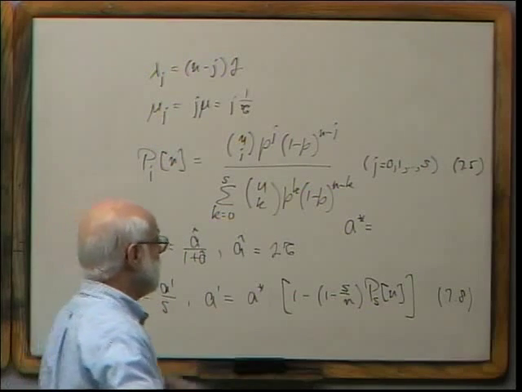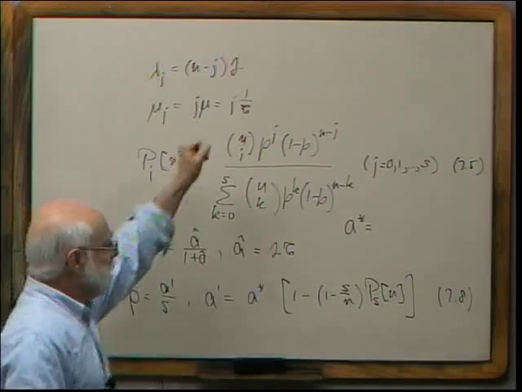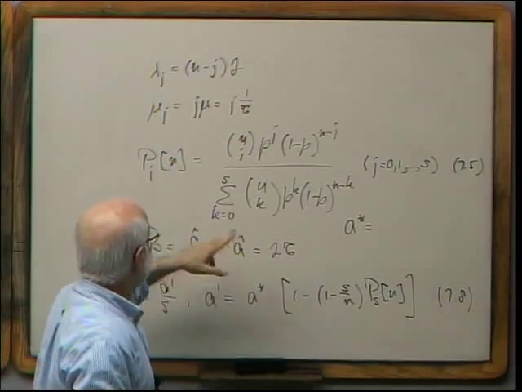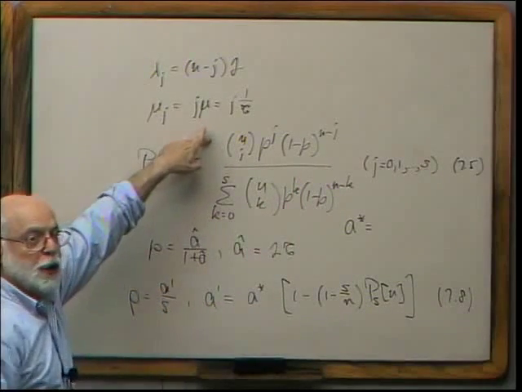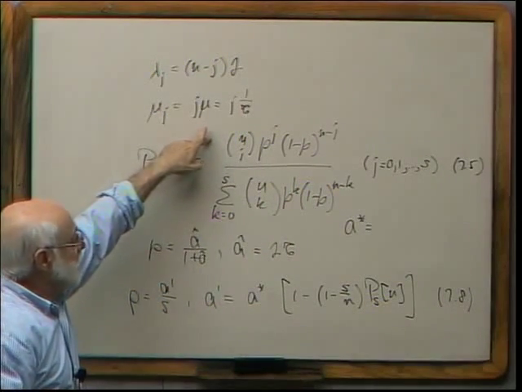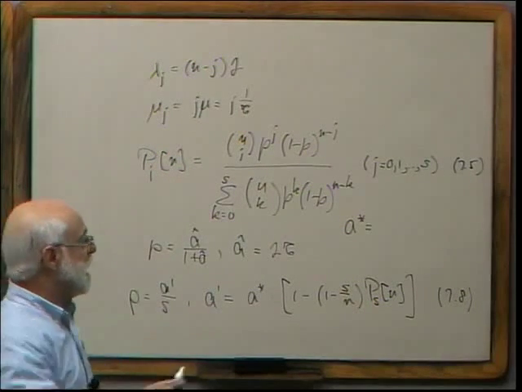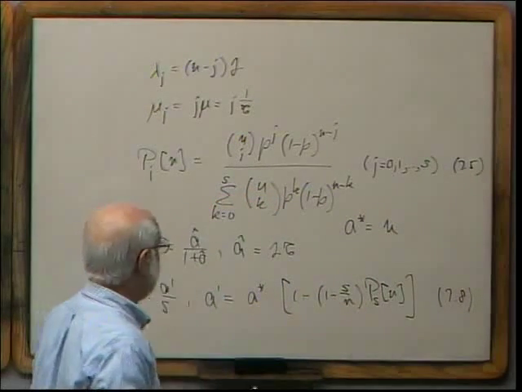Okay, so what is the intended offered load? Well, if all of the servers were dedicated, then the state probabilities would be given by this numerator. It would just be the binomial distribution. And the expected value of that is n times p, and p is equal to a hat over 1 plus a hat.